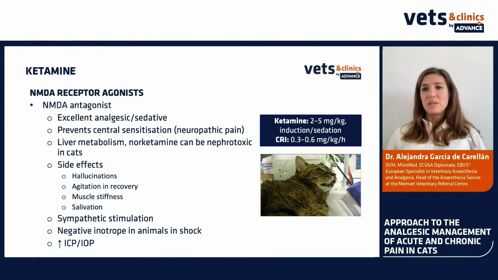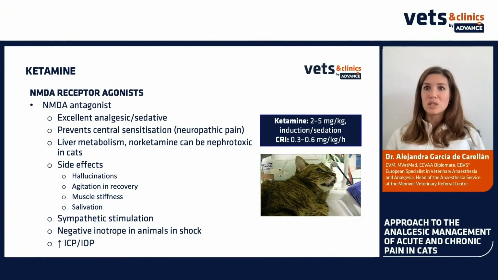I like to use ketamine when I have an orthopedic case, for example a fracture in a cat, or a neurological problem like spinal surgery, basically something involving bones or neuropathic pain. Then I like to give ketamine during surgery or for induction, for example.